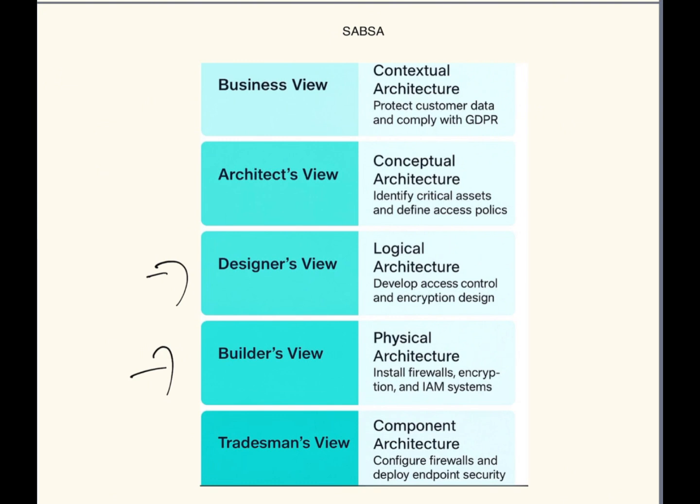So the audience is engineers, system integrators, actual implementation of the system. When we reach this layer, we need to discuss actual implementation of the system. For instance, setting up firewalls, right? Encryption methods, and identity management systems, right?